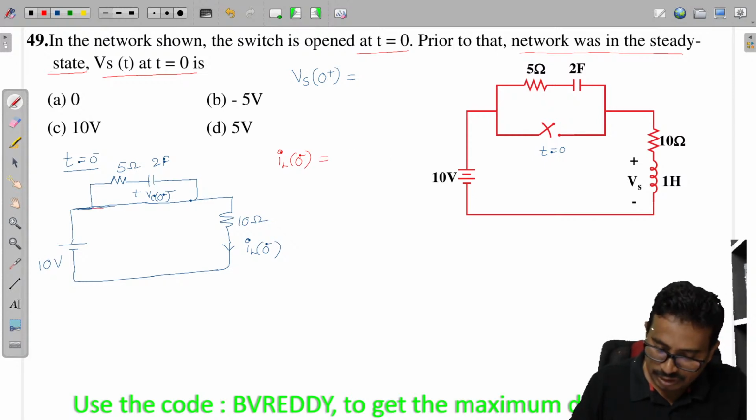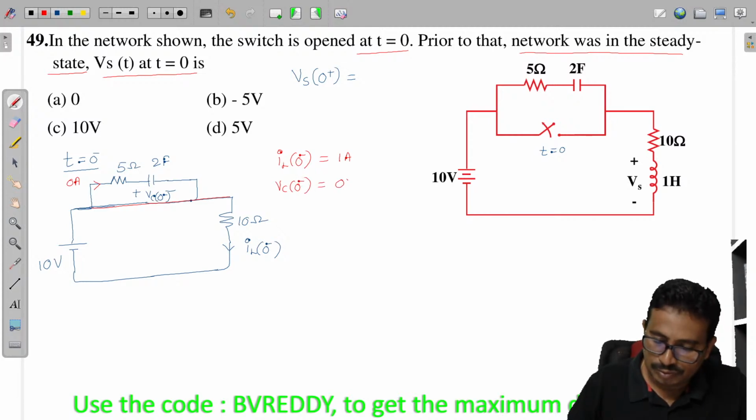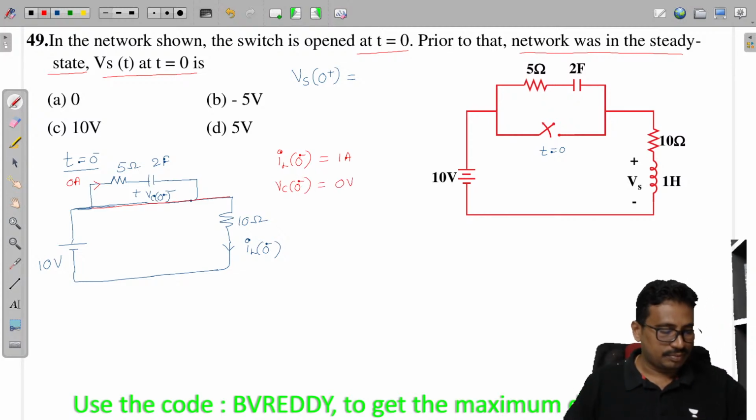The complete current will flow in this path only. There is no flow of current in this direction, so this current is completely 0. So what I will get, you tell me now, is 1 amp, and VC of 0 minus is equal to 0 volts. All of you tell me.